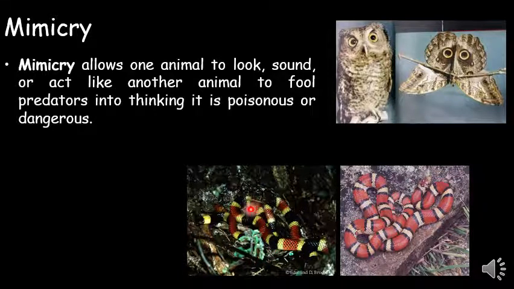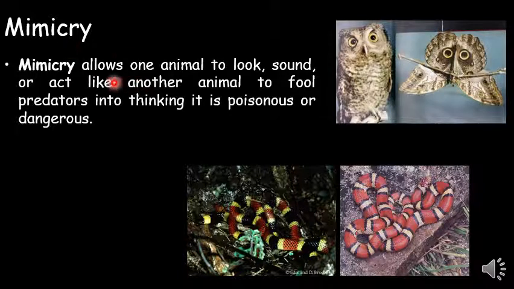If you look at its outer appearance, it looks so scary, so it will make it very hard for other animals to hunt it. Likewise, this animal has the same adaptation as that animal so that it can avoid being eaten. So in simple terms, mimicry means imitation, imitating another animal so that it can escape from predation.